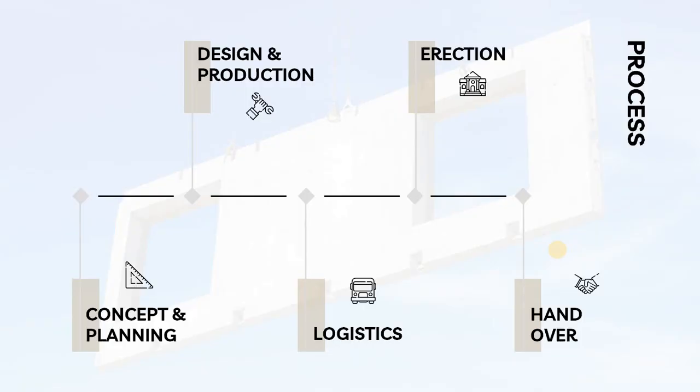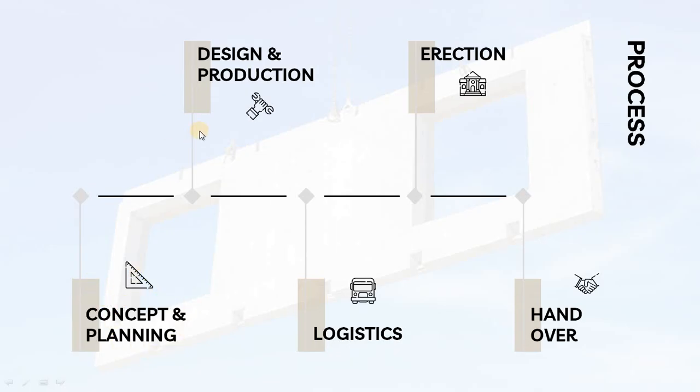If we talk about the process in the precast construction technology, it starts from the concept and planning. That is the first phase, where the concept and planning play a huge and very crucial role in planning the elements.